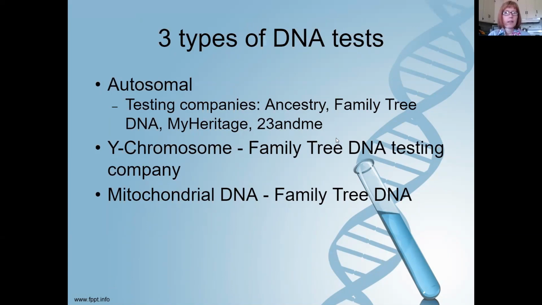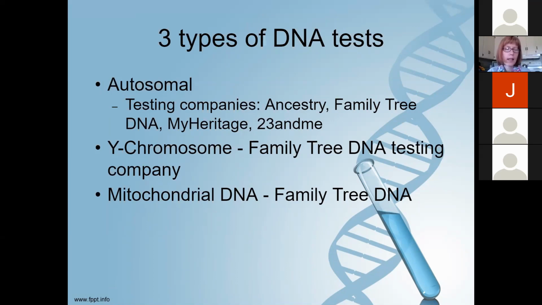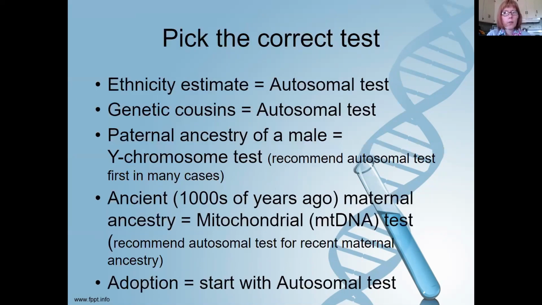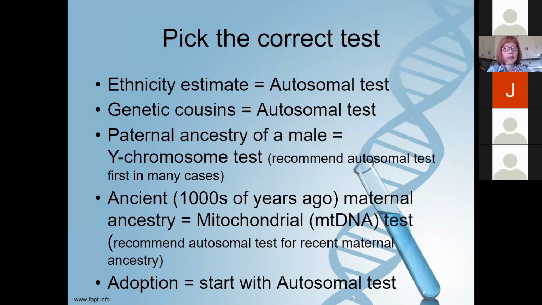Okay, so those are the autosomal tests. And then there's the Y chromosome test. This is available from Family Tree DNA testing company. And the mitochondrial DNA test is also available from Family Tree DNA. So depending on what you want to know about, you want to take the correct test for that information. So if you want to just get your ethnicity estimate, that's the autosomal test.